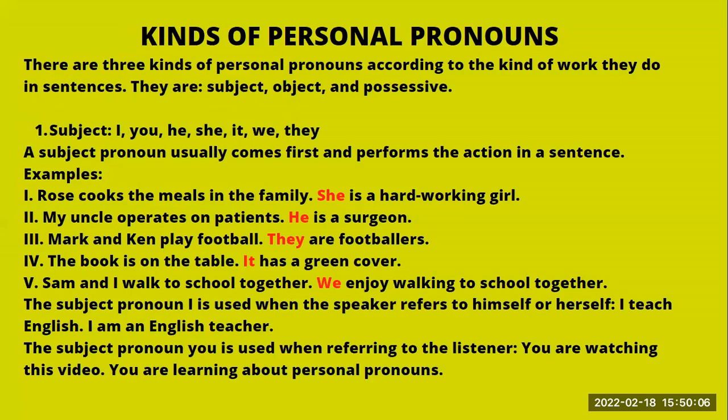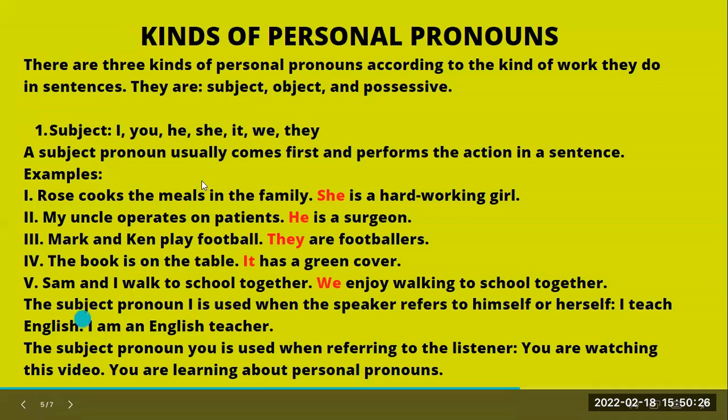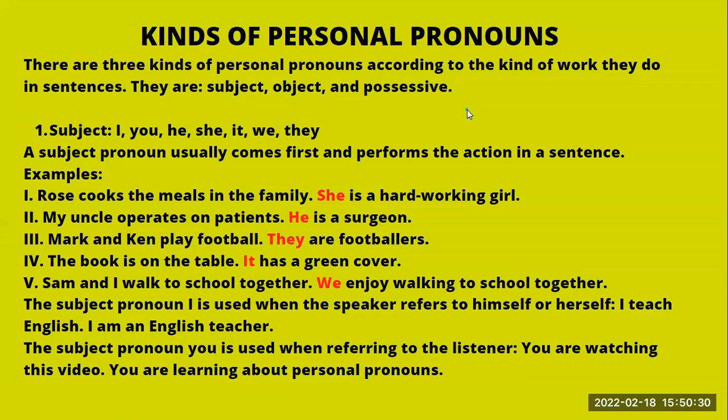Now let's look at kinds of personal pronouns. There are three kinds of personal pronouns according to the kind of work they do in sentences. They are subject, object, and possessive pronouns. All right? Although in some classifications, possessive pronouns are classified differently.